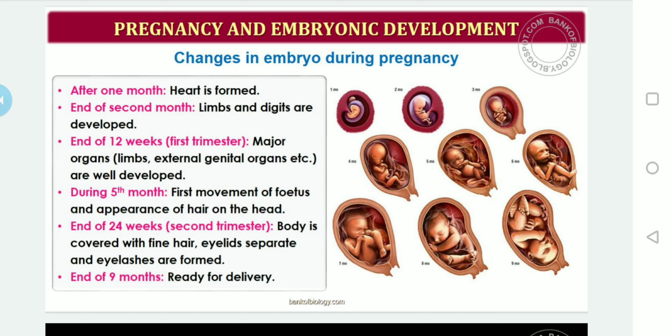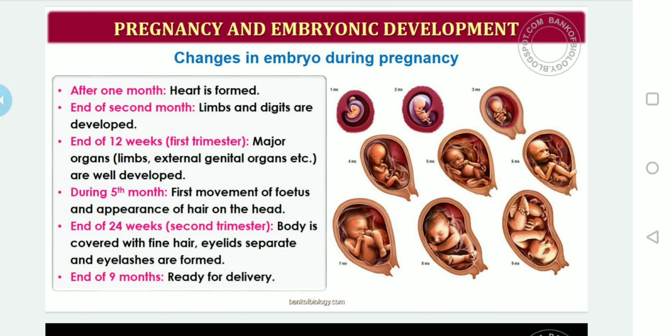And also, by the end of 3 months, or we can also say 12 weeks of first trimester, most of the major organ systems are formed. On the right side they were given the diagrams, just observe carefully. Then after that, the first movement of the fetus appears.